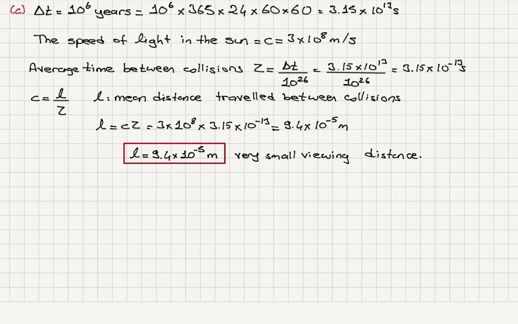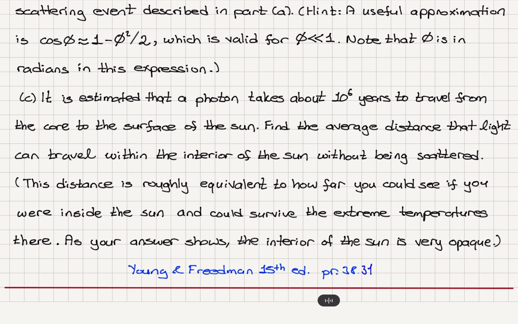And because the photons travel a mean distance of L in a mean free time tau between successive collisions, L is equal to c times tau, we find that L is 9.4 times 10^-5 meters, or we can say this is 94 times 10^-6, so 94 micrometers. It's a very, very small viewing distance, and that leads us to the conclusion that the interior of the sun is very opaque.